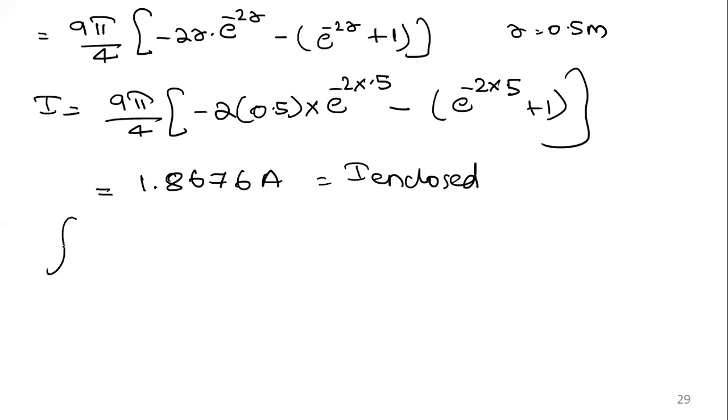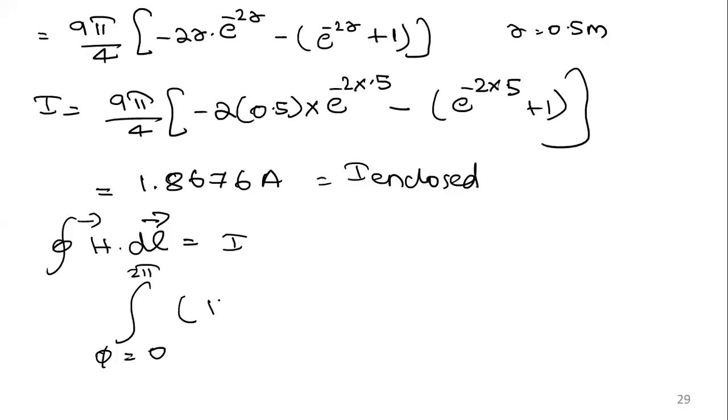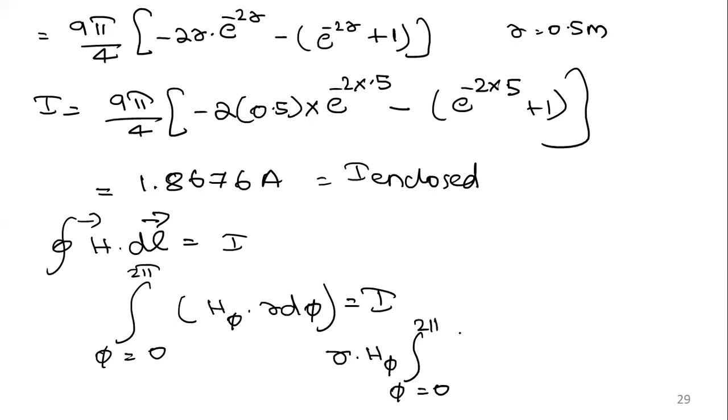Then again you go for integral H dot dl is equal to I. So integral phi equal to 0 to 2 pi, H phi dot r d phi is equal to I. Then r you can take common: r into H phi, integral phi equal to 0 to 2 pi d phi, is equal to 1.8676.